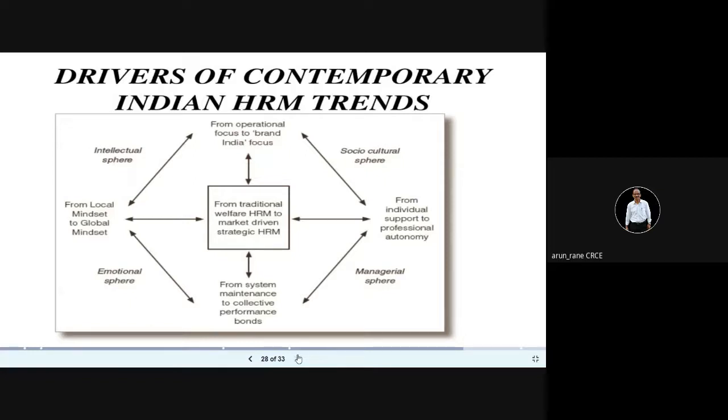What are the drivers of contemporary Indian HRM trends? Drivers means the factors. So from traditional welfare HRM to market driven strategic HR, from operational focus to brand India focus, from system maintenance to collective performance bonds, from local mindset to global mindsets.